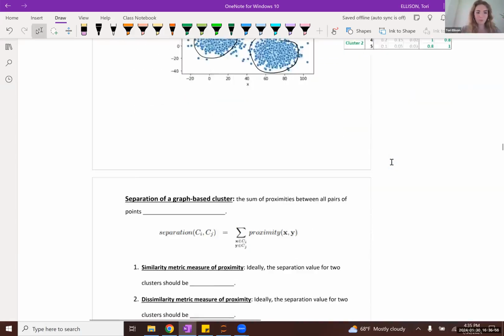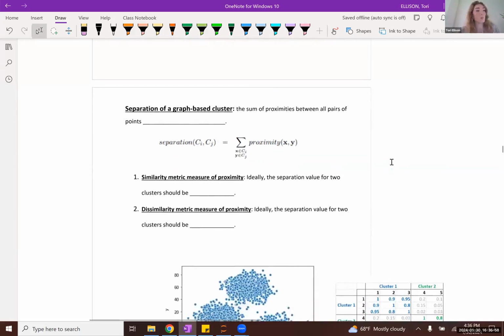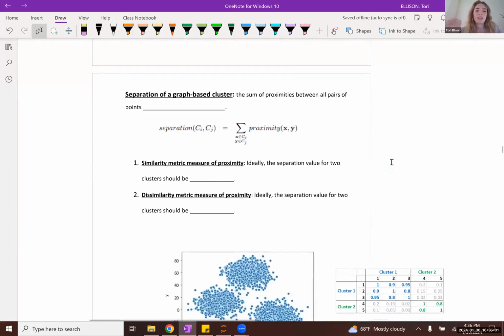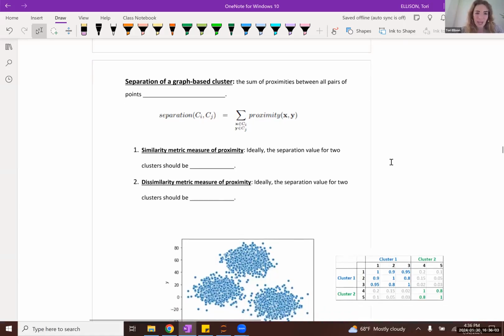Okay. And similarly, one way that we might go about defining separation using this graph-based notion of cohesion and separation is as the sum of the proximities between all pairs of points in the two clusters that we're considering.